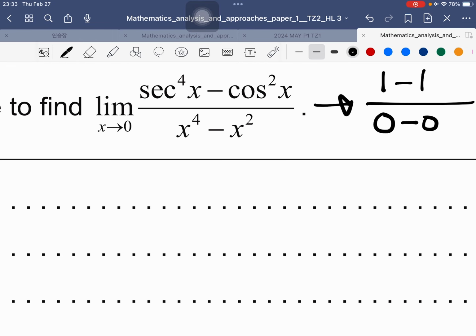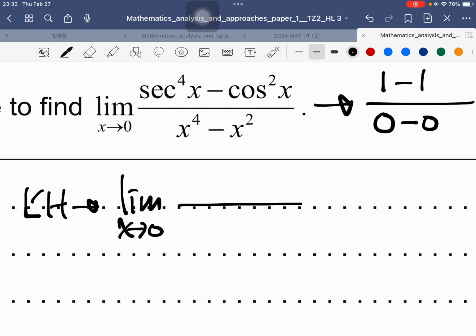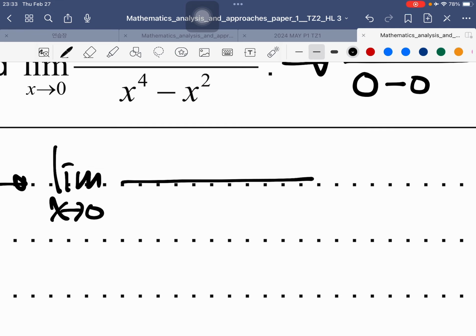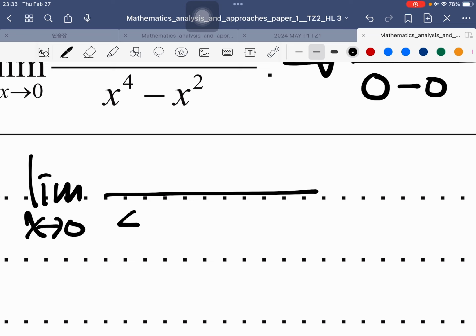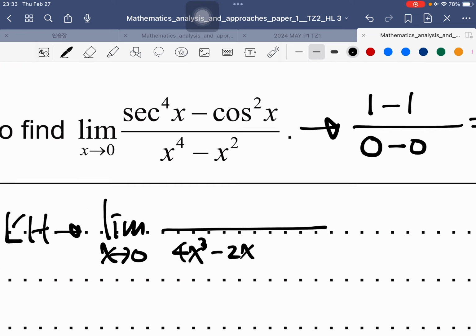So initially, applying L'Hopital's rule, this expression becomes the limit when x goes to 0. Differentiating the denominator will be 4x to the 3rd power minus 2x.